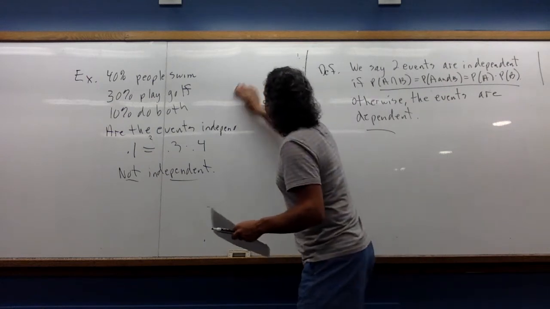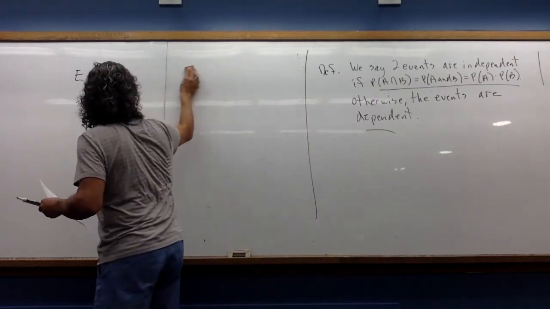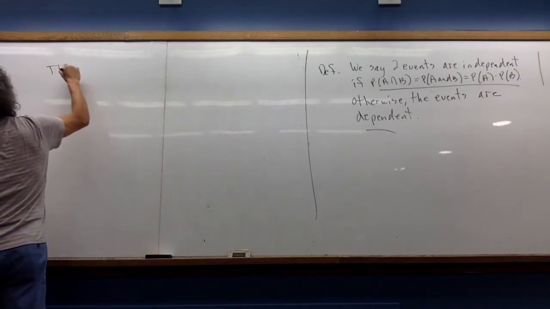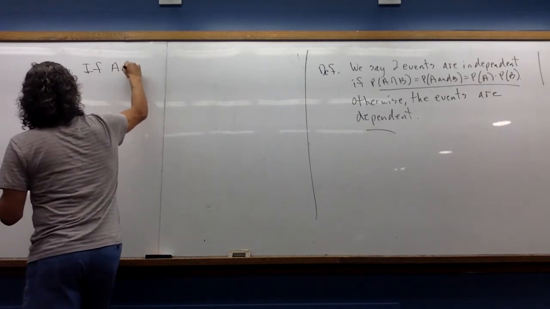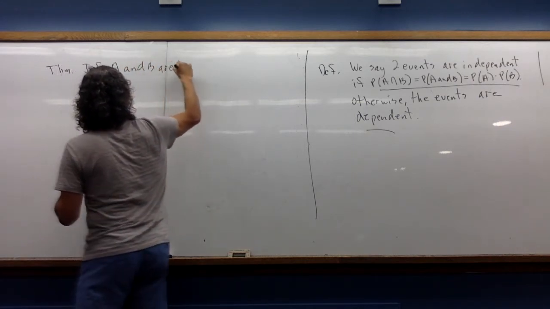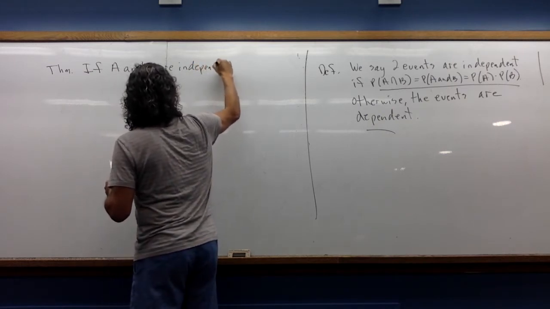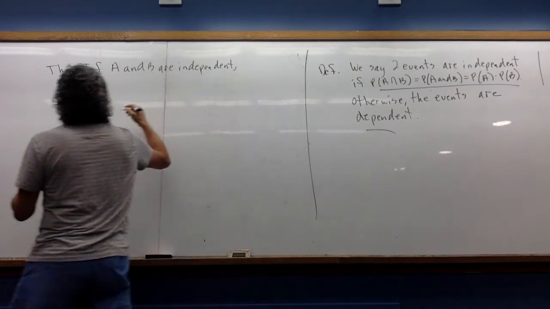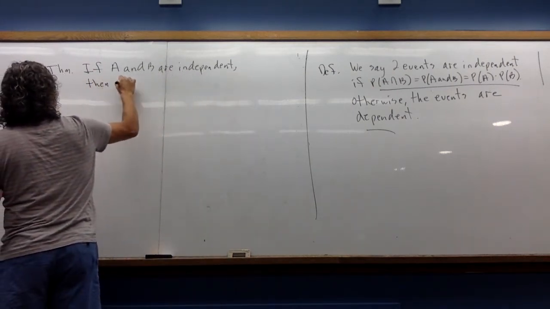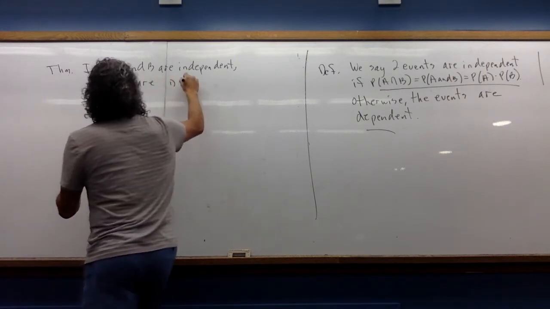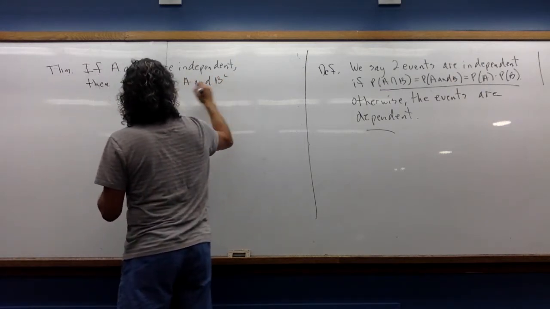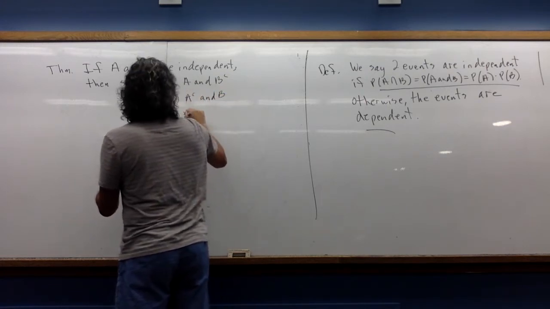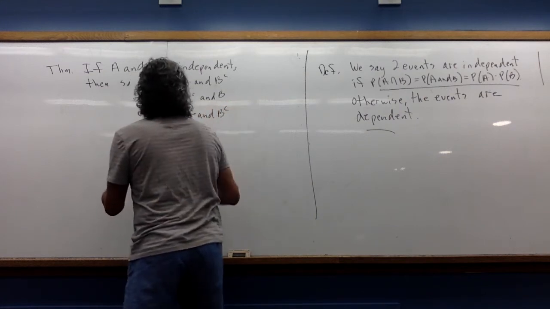Okay, so now that we have an idea as to what independence is, let's prove a result about independence. So if A and B are independent, again, when I say they're independent, I'm thinking about that definition, then so are 1, A and B complement, 2, A complement and B, 3, A complement and B complement.